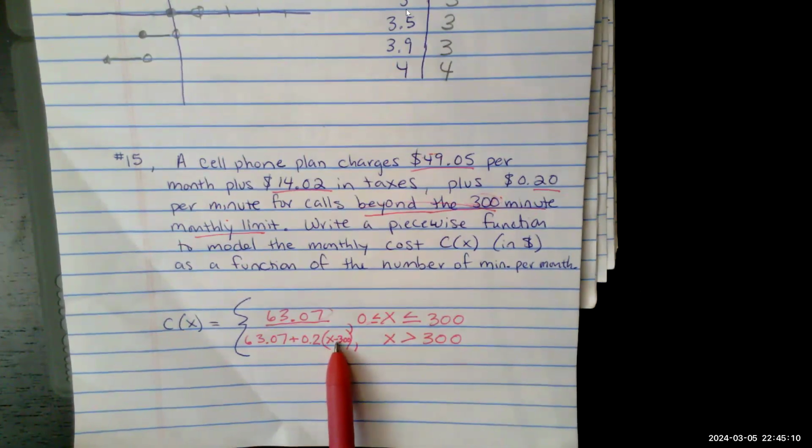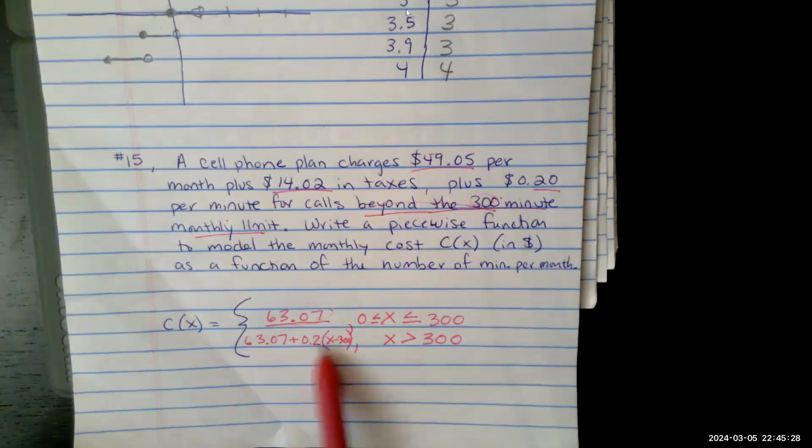So that's your X minus whatever was the limit. So in our example, if we talked on the phone 301 minutes, 301 minus 300 is just 1, and that makes sense, right? I would only have 1 minute where I went over. So I'd have my set cost plus the 20 cents times 1.